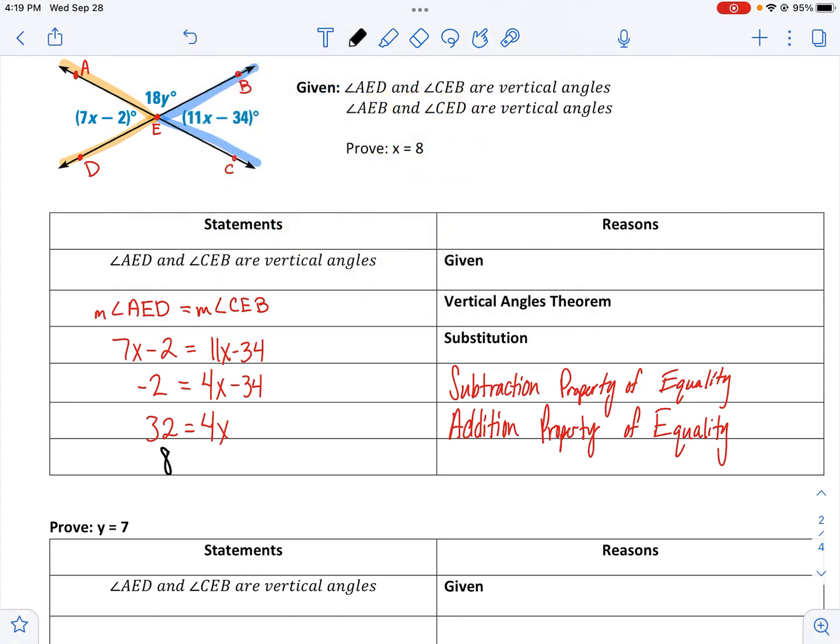I've got 8 equals x by the division property of equality.